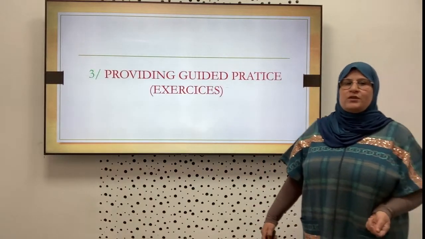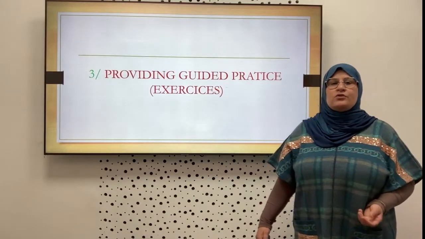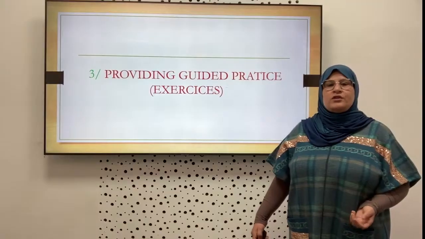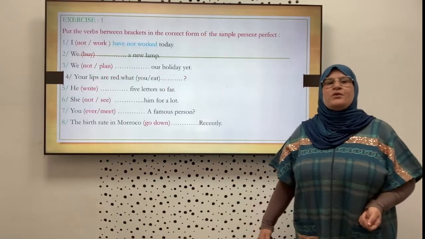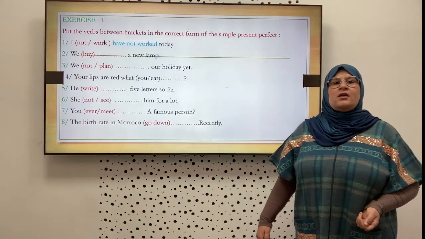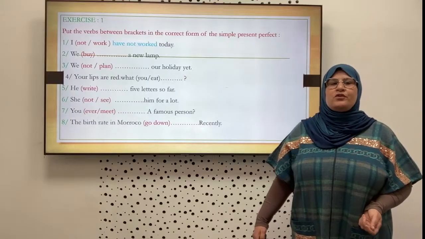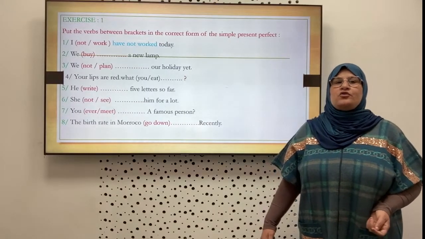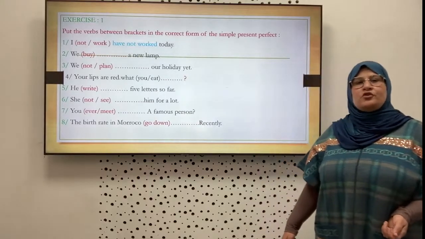Step number 3 is mainly devoted to providing guided practice or exercises to understand more the different uses of the present perfect simple. Okay, look at the exercise. Here is a very simple exercise with the present perfect simple. You are requested to put the verb between brackets in the correct form of the present perfect simple.